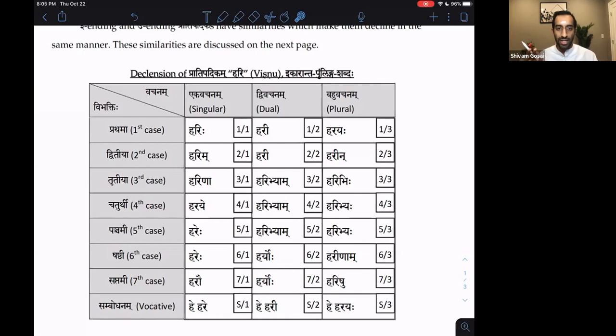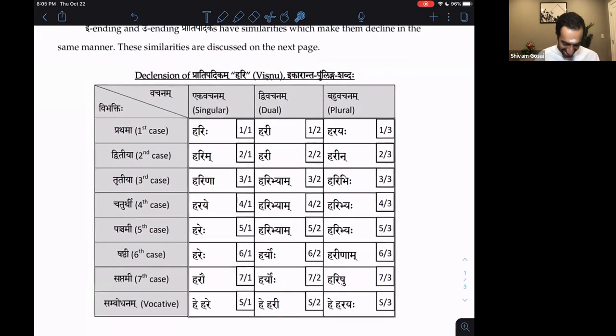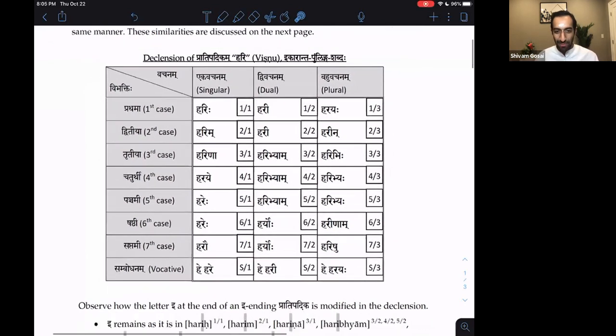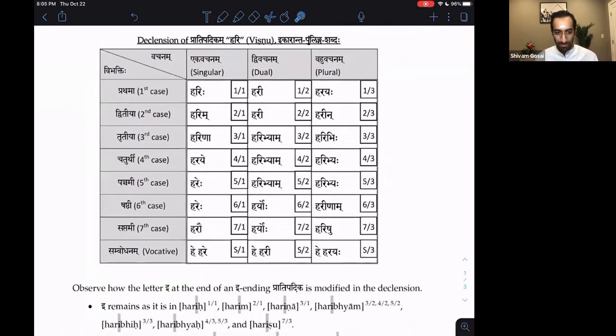How I would do it is harihi, hari, harayaha, then give a little space, and then say the next line. Go slowly and repeat it and record yourself, so that maybe while cooking or walking, you can remember Hari. Wherever you are, Harinam eva kevalam. Hari's name is enough for moksha. No. But it's a good japa, and it also helps us with our Sanskritam.